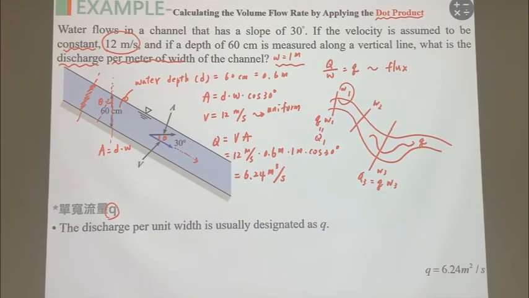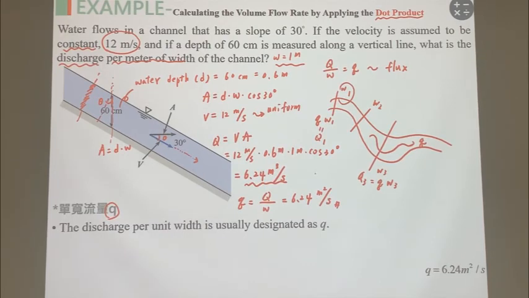Okay, you can compute it by yourself, but this is not the true answer we want because we want the discharge per meter of the width. So as we know, the q is Q divided by W, and we assume W is 1 meter already. So finally, the number is the same, but the unit changes to meter squared per second.